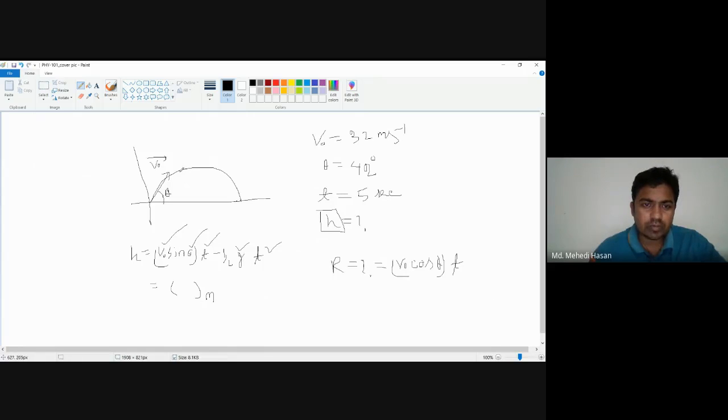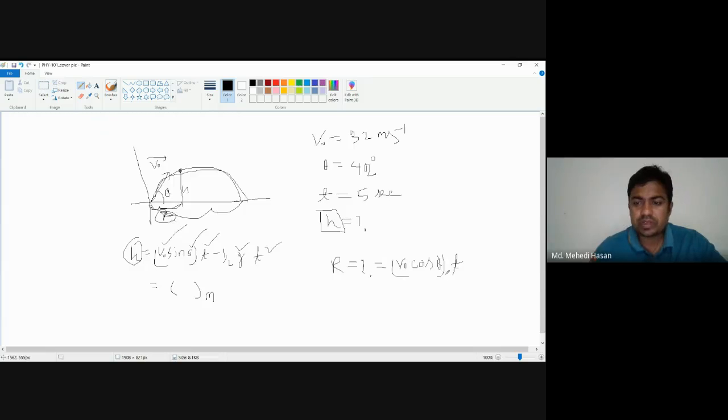Say the projectile is at that point at 5 seconds. This is the height h, and this distance is basically x. This is not the horizontal range. Horizontal range means the total path covered by the projectile. If you use t equal to 5 seconds, you will get this length x basically.